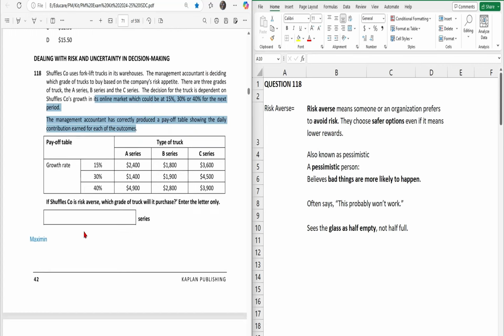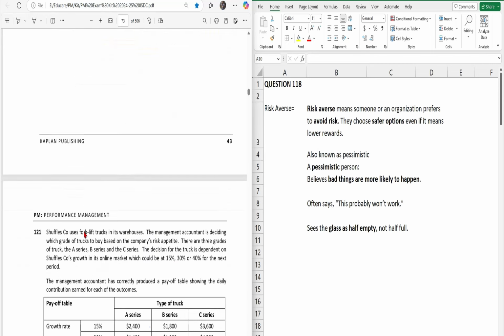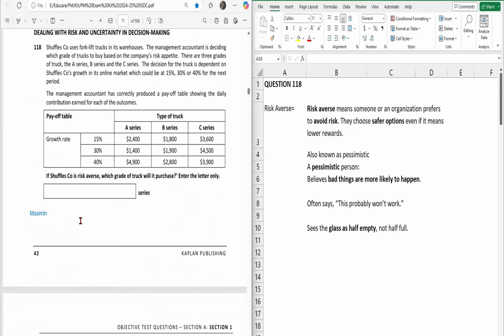See, question numbers 118, 19, and 20, as well as 121, all have the same scenario, only the requirement is different. And this will really help to clear your doubts regarding risk averse, risk seeking, and regret.